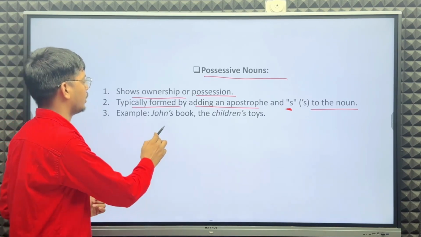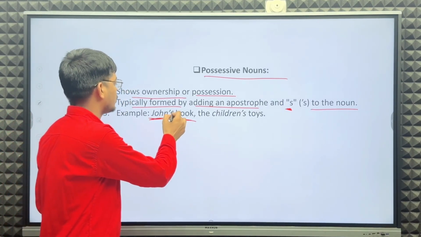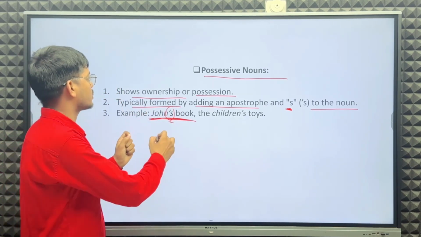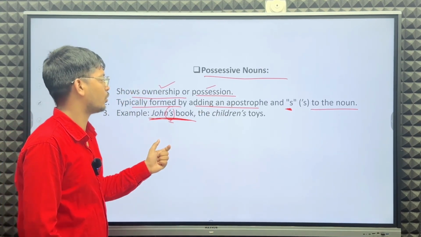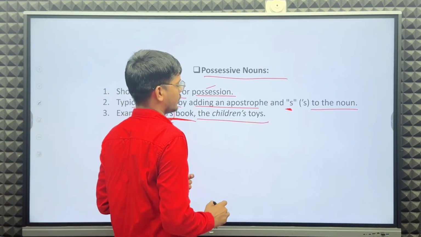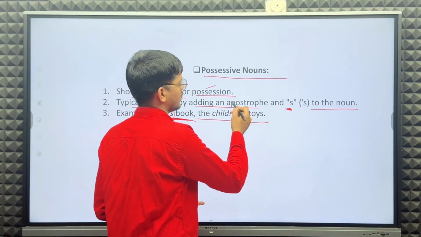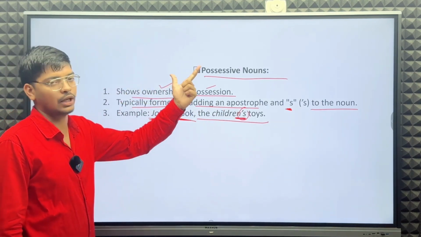For example, Johan's book. You see the apostrophe for ownership or possession. Like the children's toys, you can see apostrophe s here. So they all show possessive nouns.